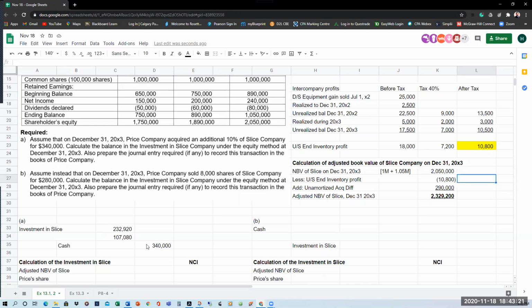Because these kinds of transactions are recorded as if they are transactions with shareholders, you will remember from your second intermediate accounting course, when a company buys back shares and pays more for those shares than the average book value, it's supposed to debit common shares, credit cash. You'll credit cash for the actual price paid. You'll debit the common shares using the average book value of the shares being bought.